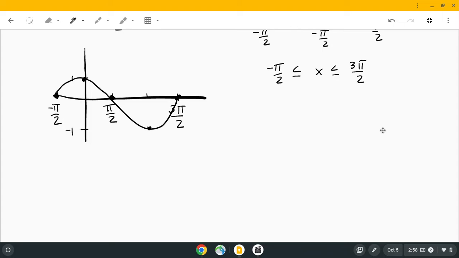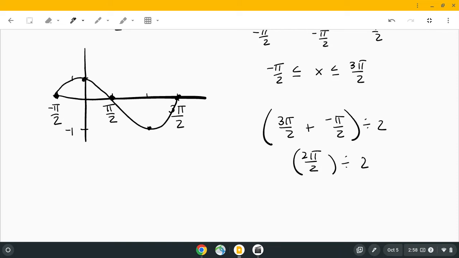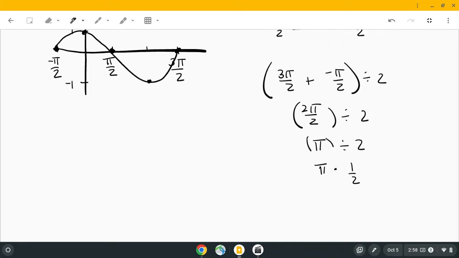3 pi over 2 plus negative pi over 2. And then once you have that, you divide by 2. So that becomes 3 minus 1 is 2 pi over 2 divided by 2. And so that becomes pi divided by 2, which becomes pi times 1 over 2, the reciprocal.